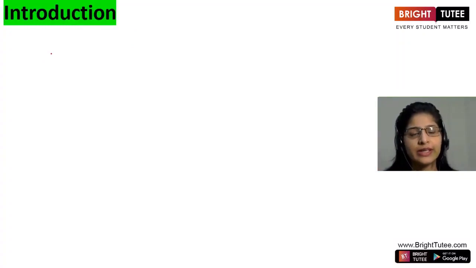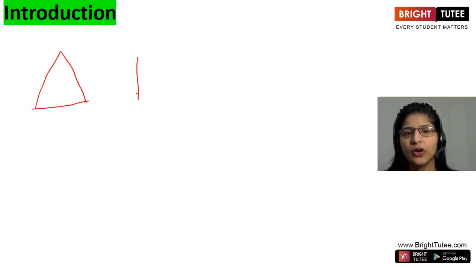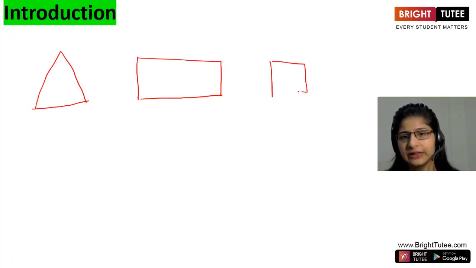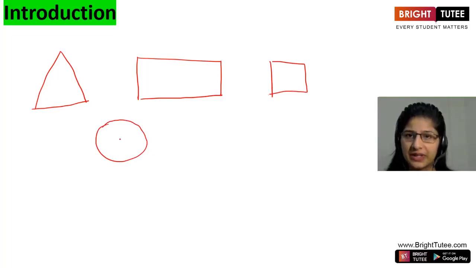You know, we have already discussed how to find area and perimeter of a triangle, of rectangles, of squares, of circle. So we have already discussed plane figures, their areas and their perimeters. Area of the triangle, we did it half into base into height.